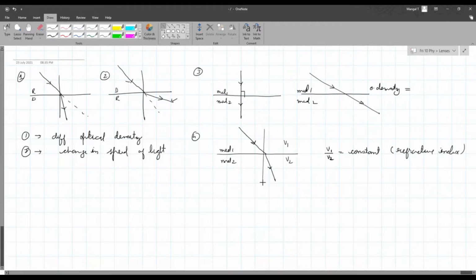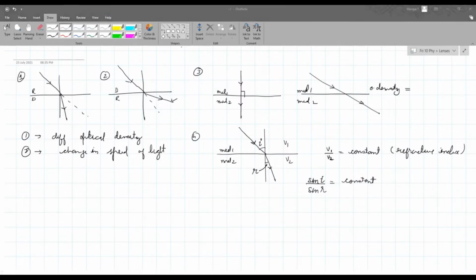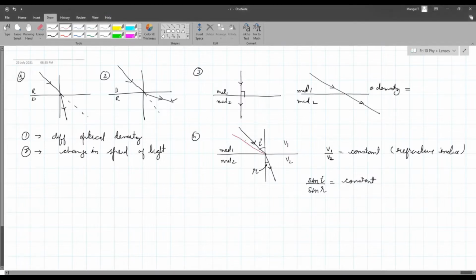You can also arrive at that same constant if you measure this angle, called the angle of incidence, and this angle, called the angle of refraction, and then take the sine of the angle of incidence to the sine of the angle of refraction. That is also constant. If you take another value of angle of incidence, you will get another value of angle of refraction such that that ratio will also be equal to the same constant.